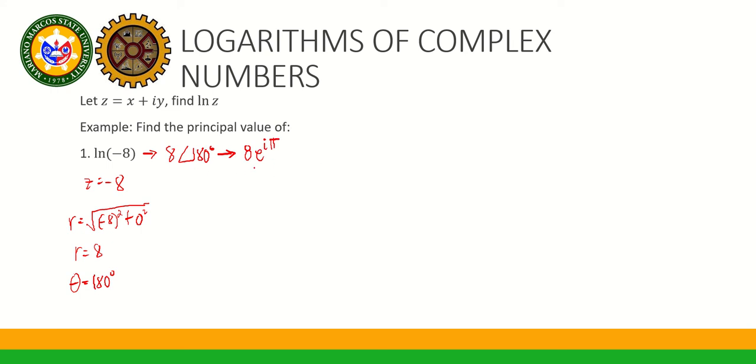So, ito ngayon yung naka-exponential form natin. And then after that, we solve for ln of z, which is si z natin is 8e to the I pi. And then this will be equal to ln of 8 plus ln of e raised to I pi.